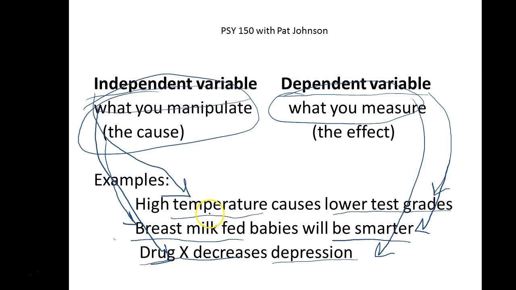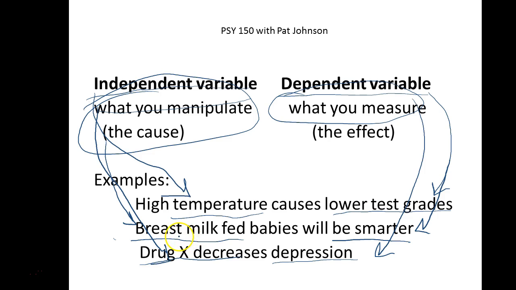So, again, when we're talking about independent variable, we're talking about something we're going to have different levels of. It's not enough just to heat up some students and see if they flunk. We need students who aren't heated up as a comparison. It's not enough to give babies breast milk and test and see if they will be smarter. That would just be a correlation.